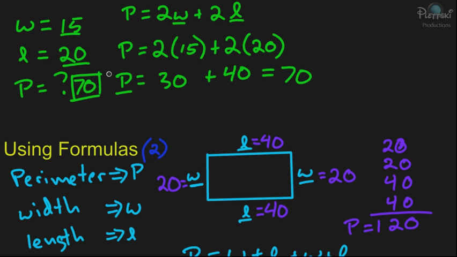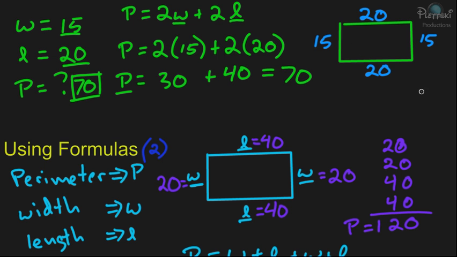And we can draw a picture and solve that if we want. If you have the rectangle here, it's not perfect. And we want to label it. The width was 15, so 15, 15, and then the length was 20.